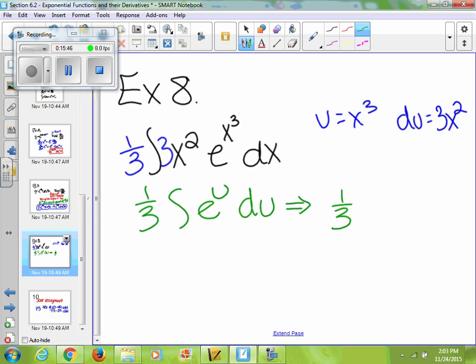Or e to the anything? It's just the same, right? It just stays the same. So this will become e to the u plus c. And then if we replace our u with x cubed, this becomes 1/3 e to the x cubed plus c.